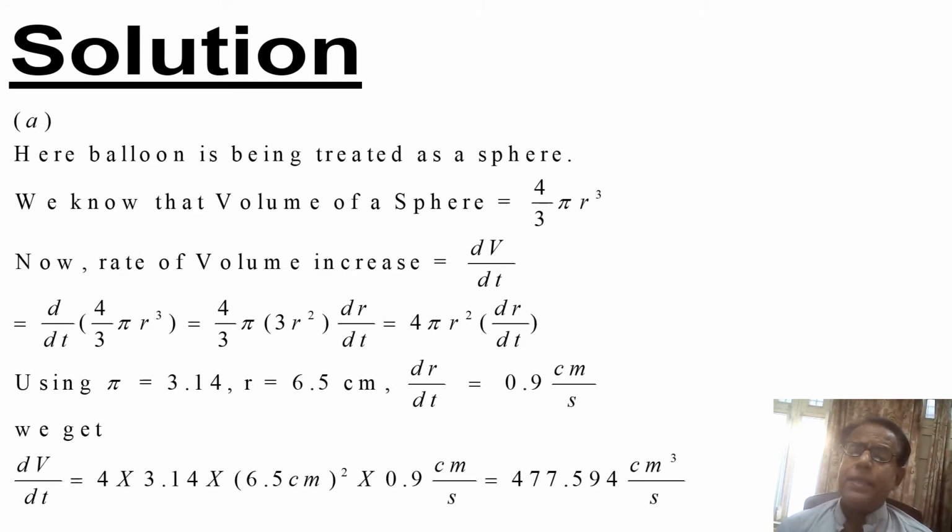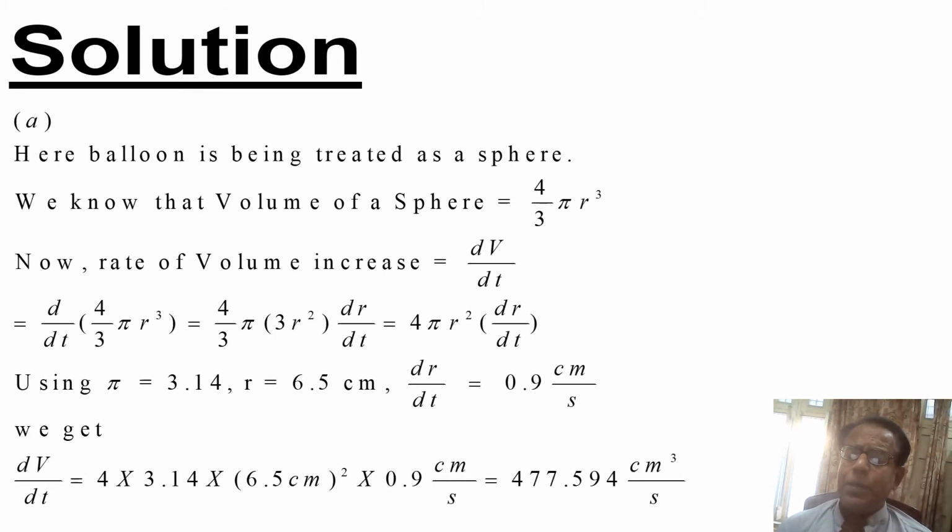Here, dear students, 4/3 and pi are constants, so these will come out of d/dt, and we will differentiate only r cubed with respect to t.